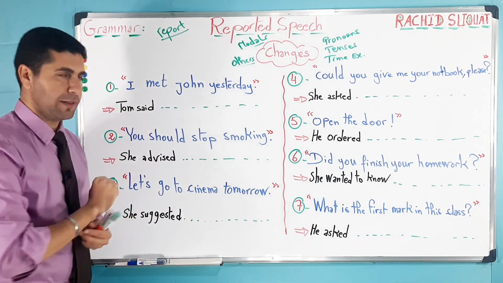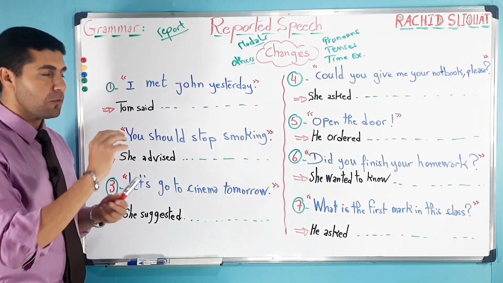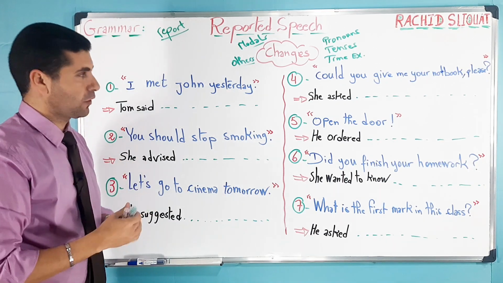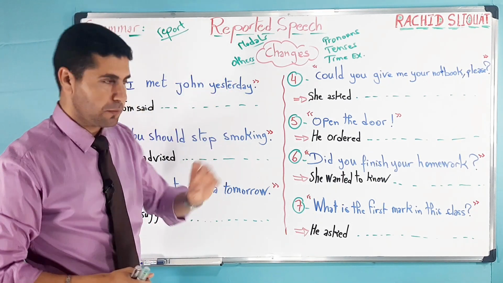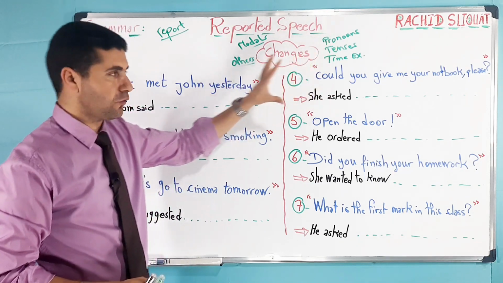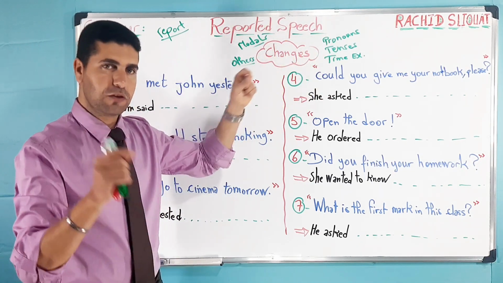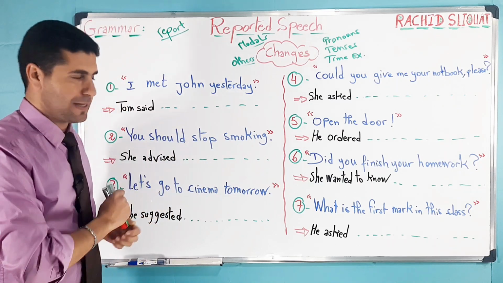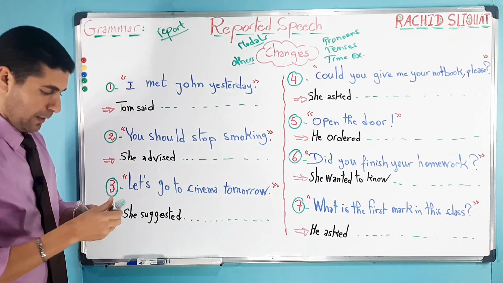This is number 1 for reporting a certain speech. I have a very specific episode that you can watch that has to do with the changes in details. This is number 1.